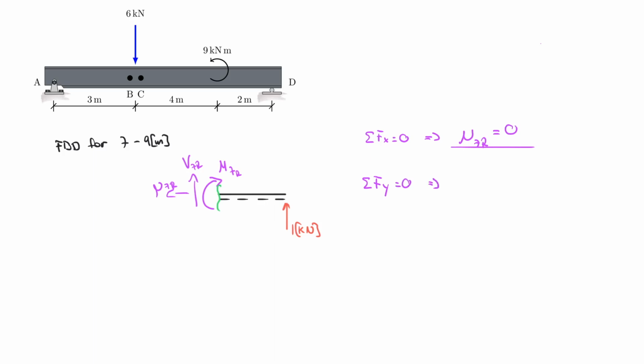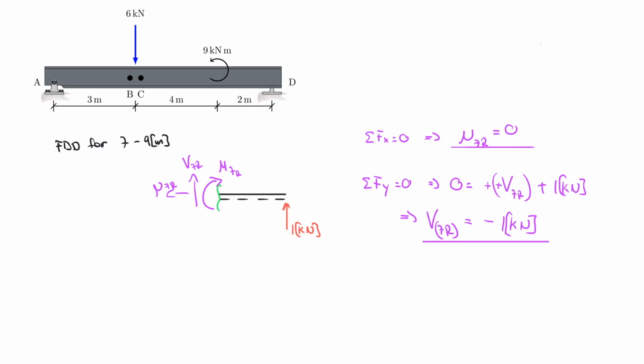That will help me understand that 0 is equal to V at 7 to the right, positive because it's acting upwards, plus 1 kilonewton. So I know now that my V at 7 to the right is equal to minus 1 kilonewton. You may have already predicted that, but again, it's education here.